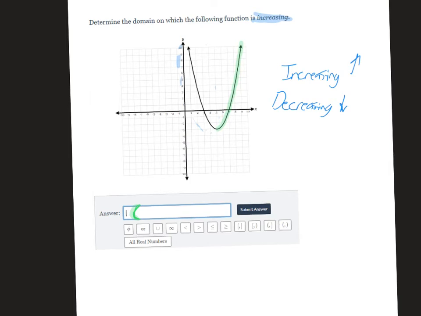But then it's still going up forever, so that would mean that we would still have another parenthesis. Why did I say another parenthesis? Because it is still considered to be infinity, so that doesn't have an actual number. So looking at this, my smallest number is 5, my biggest number is infinity.